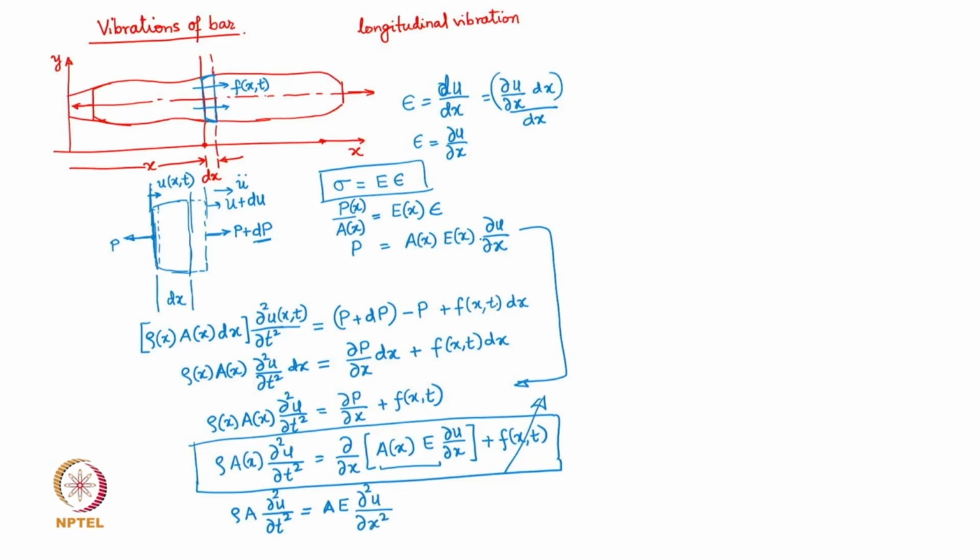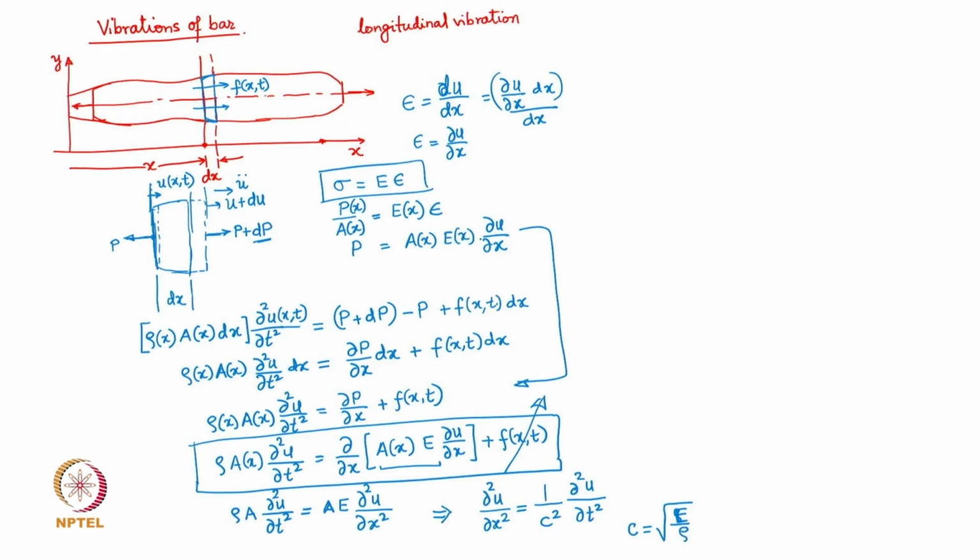That basically is our equation, provided there is no external excitation acting on the bar, which I can bring into a much friendlier form, if I may say so, as 1 upon c squared ∂²u/∂t², where c is going to be the square root of E by rho, Young's modulus E divided by the density.